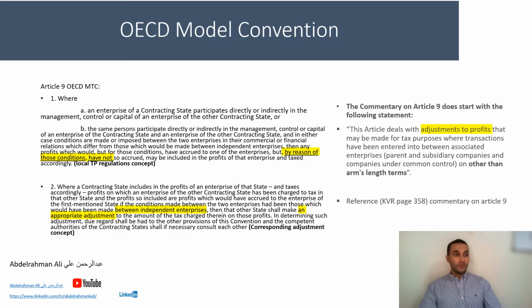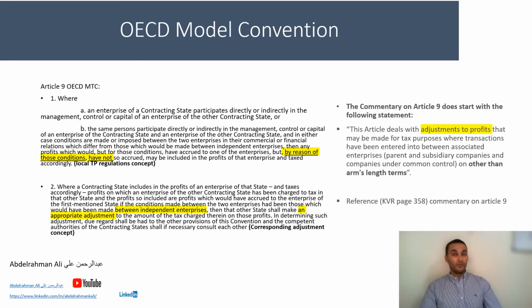This is the concept of transfer pricing regulation. If there is a special relationship between two enterprises, which is associated enterprises, that led to taxes perhaps not being applied properly, the state has the right to adjust for such.